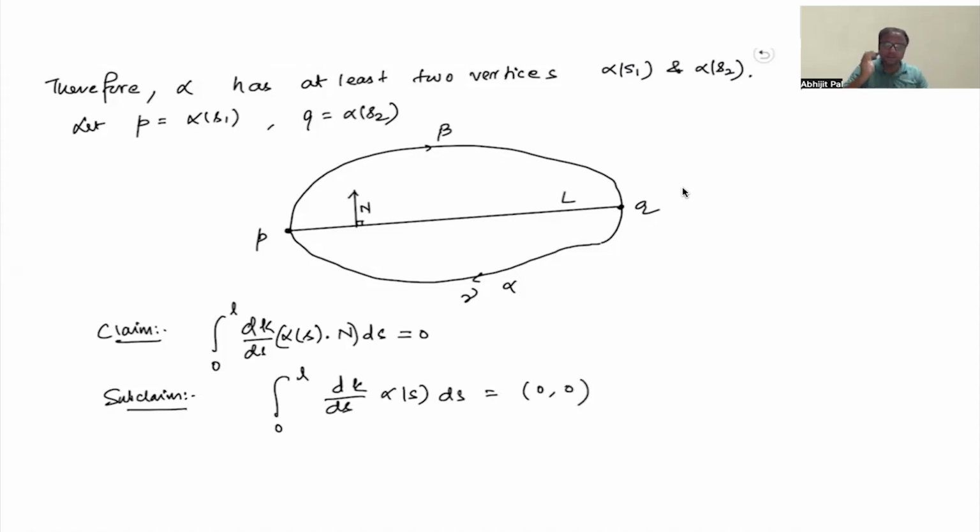Alpha(s) is a vector in R2, so this integral will be equal to (0, 0). How to show this?